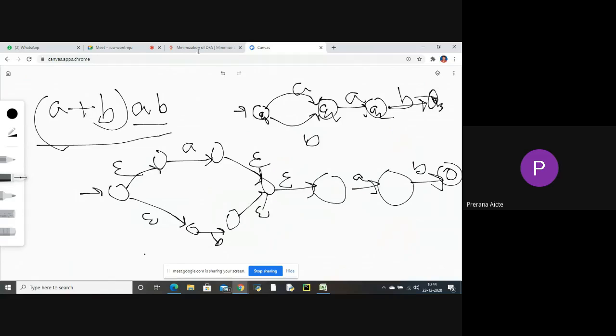Okay, this is the representation of NFA with epsilon and without epsilon also.